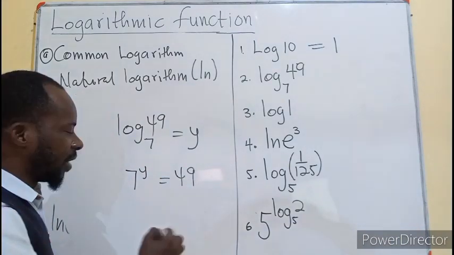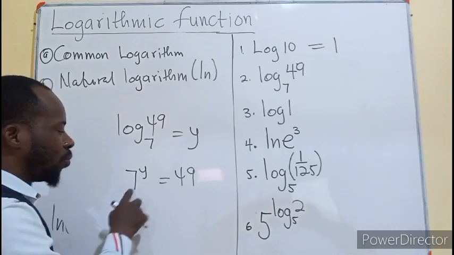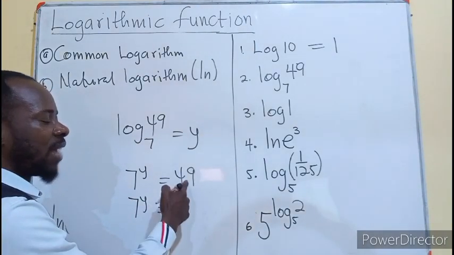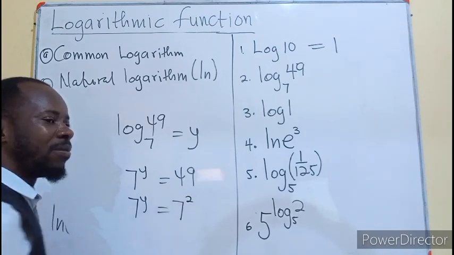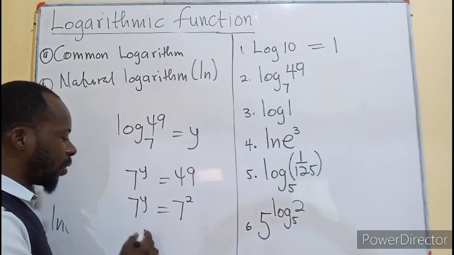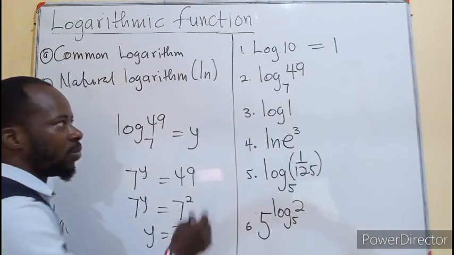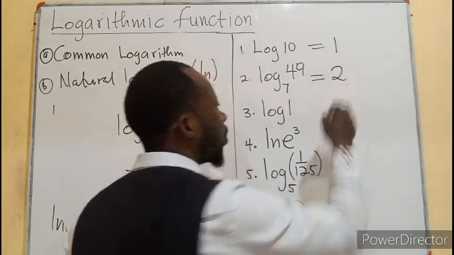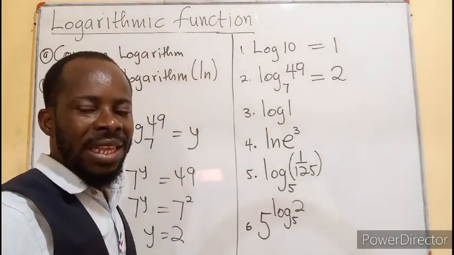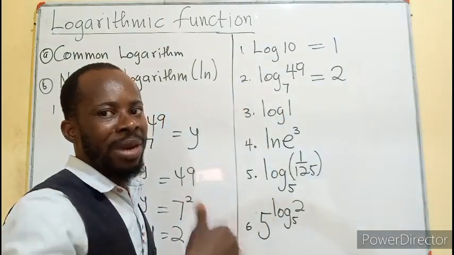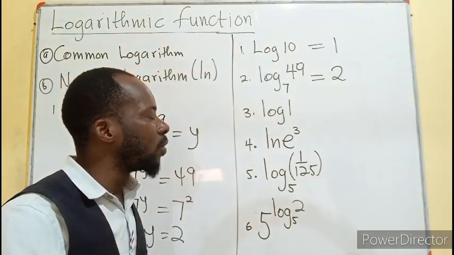So under indices, I can break 49 to base 7, meaning 7 times 7 giving 49. 7 times 7 means 7 exponent 2. So since the bases are the same, we take the exponent. So if y is 2, then the whole of this simply means 2. When we get into the laws, we can also use the law to get the answer of this. But when we get there, I will explain that concept also.